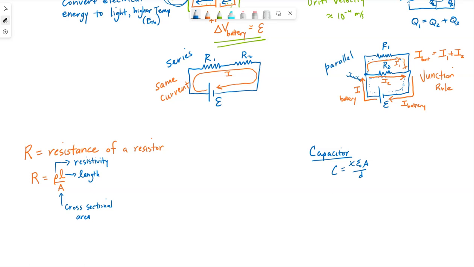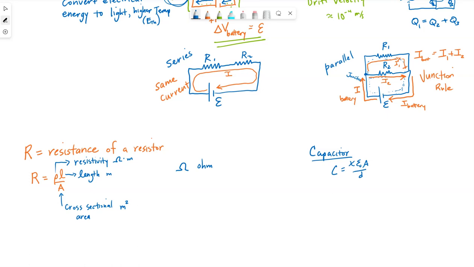Now, the units of resistance are ohms. This capital omega is an ohm, is what we call it. So it's a Greek letter, capital omega. Length is in meters. Cross-sectional area will be meters squared.